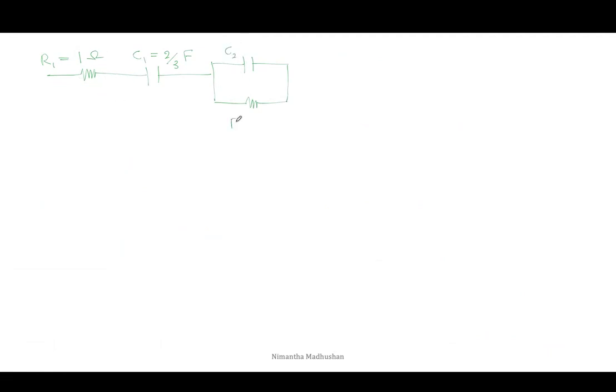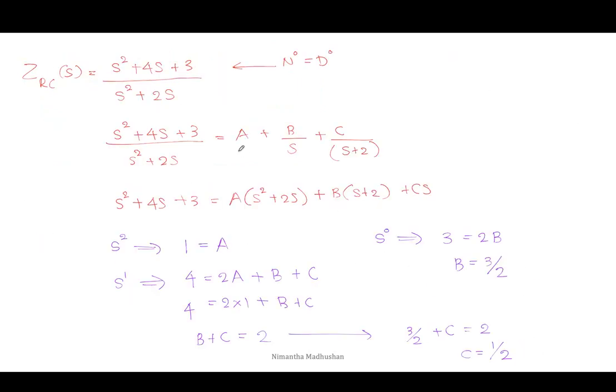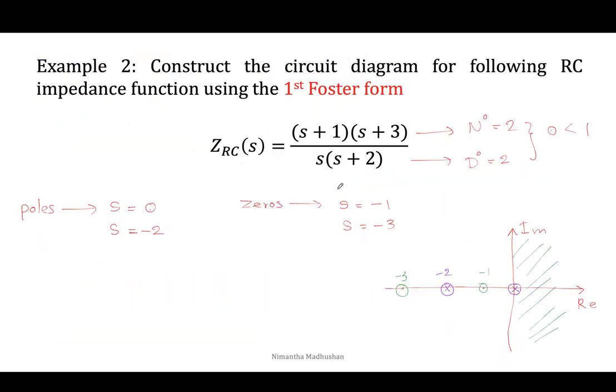C2 and R2: R2 value is 1 over 4 ohm, and C2 is 2 farad. And we can obtain the total impedance Z_RC from these two points. This is the final circuit that we can obtain for this impedance function. I think you are all clear about this example. Thank you.